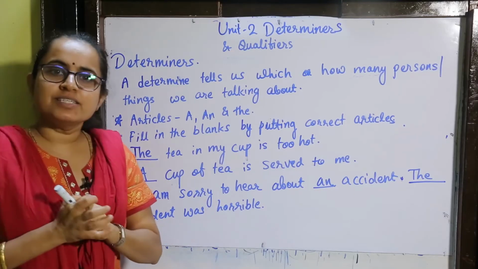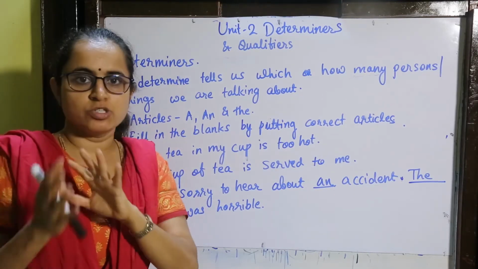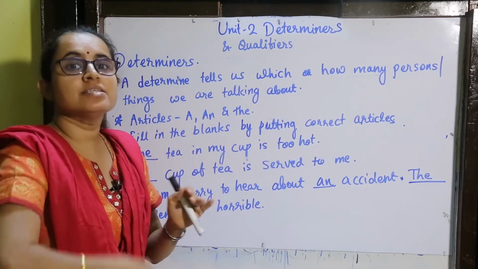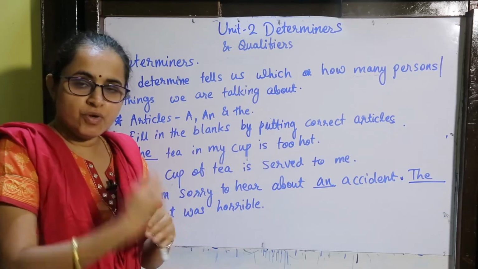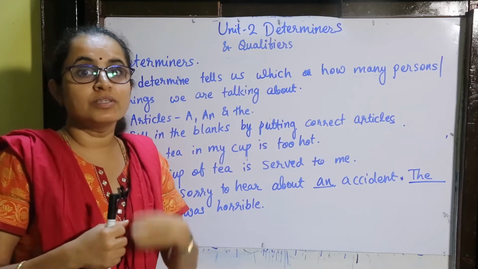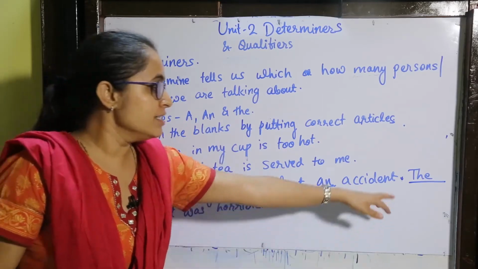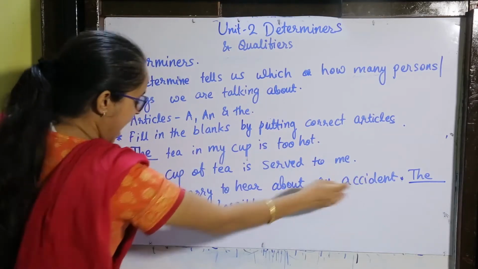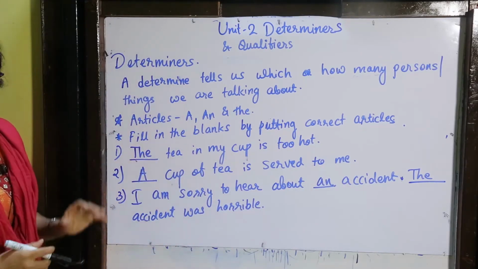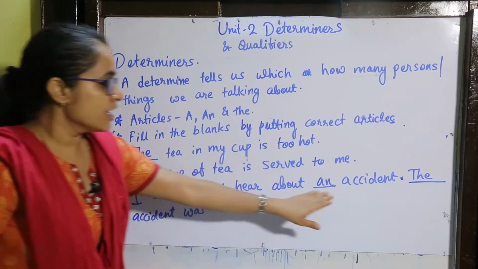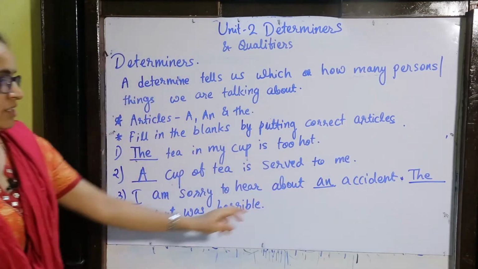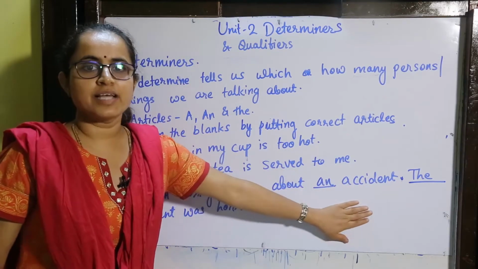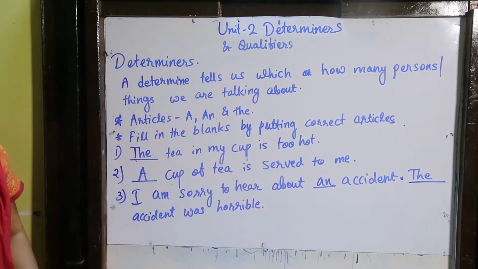So when you write something for the first time in a sentence, you can write a or an, but if you are repeating to talk about the same thing, you use the. So here: I am sorry to hear about an accident. The accident was horrible. We are talking about the same accident but with different articles. This kind of thing can be asked.